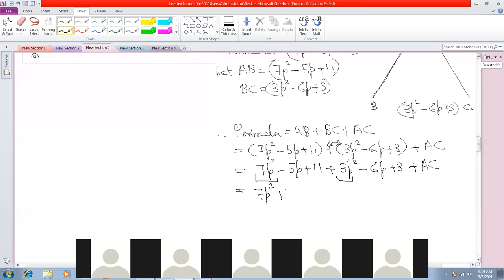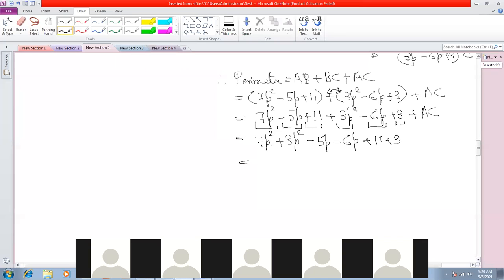Next I have minus 5p and minus 6p, and I have 11 and 3. So when I add up, 7 plus 3 gives 10, so this becomes 10p square.